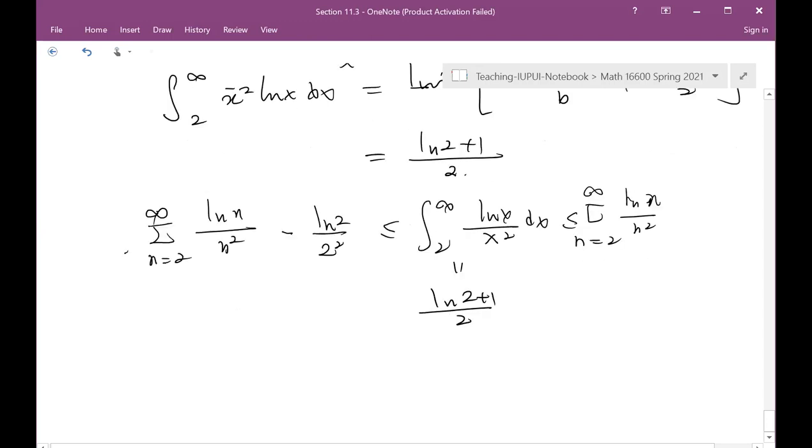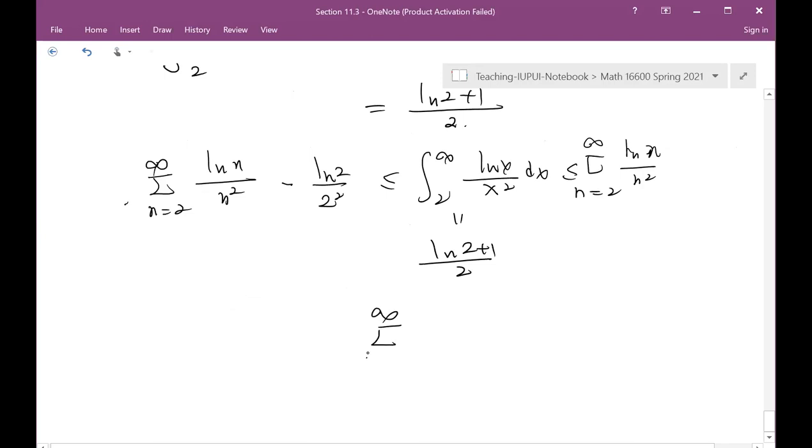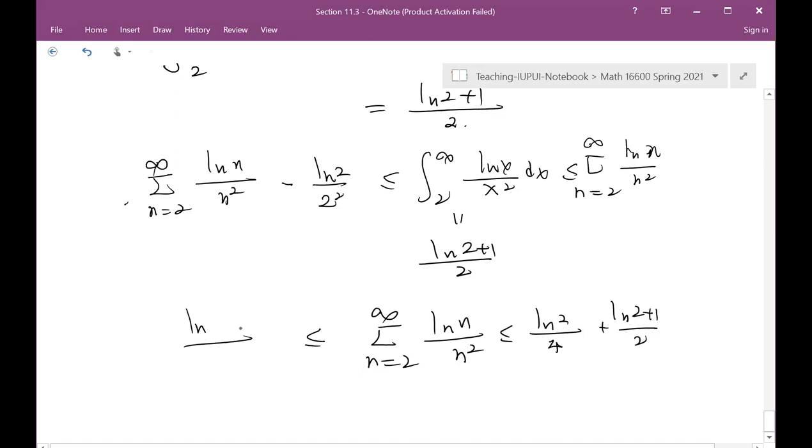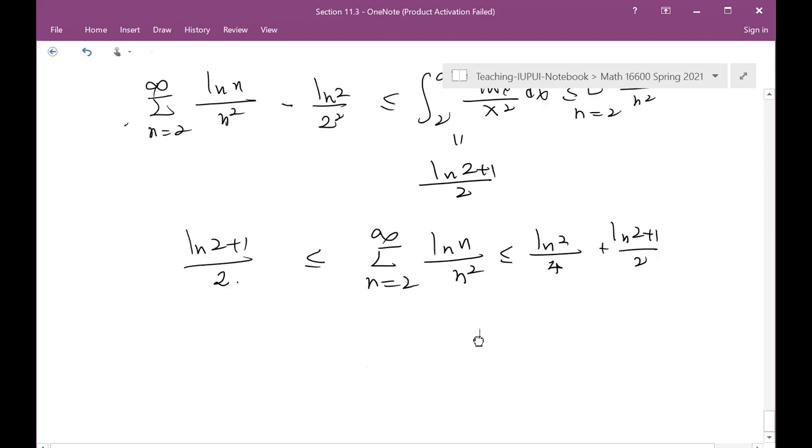And finally, I'm more interested in the upper bound. Less than natural log of 2 over 4, right? Yeah, moved. Plus this. And then the other side, use the integral on the right-hand side. So, it's magic. We can estimate the value, not only prove it's convergent.